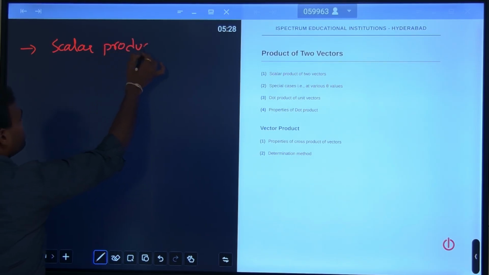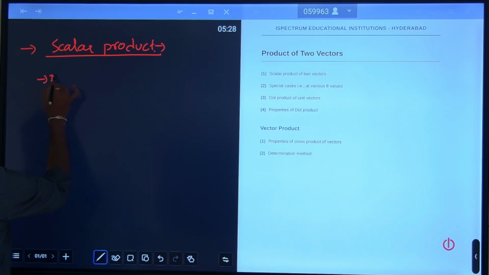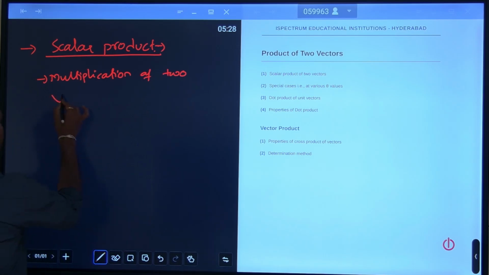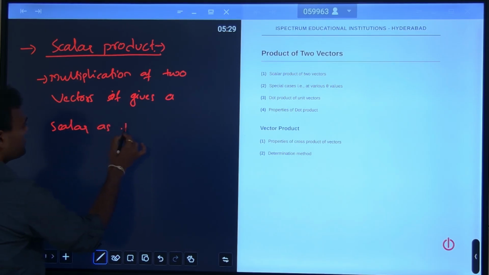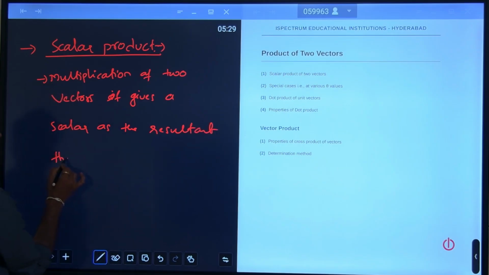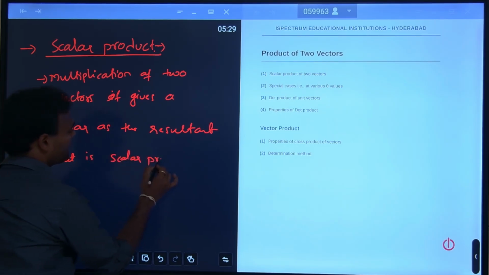Here the first point is, if multiplication of two vectors gives a scalar as the resultant, that is scalar product.